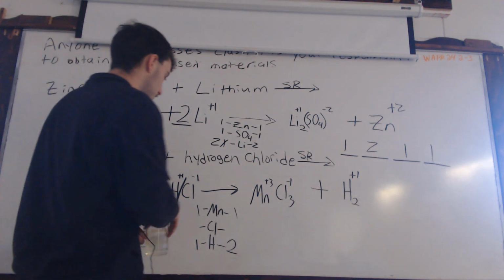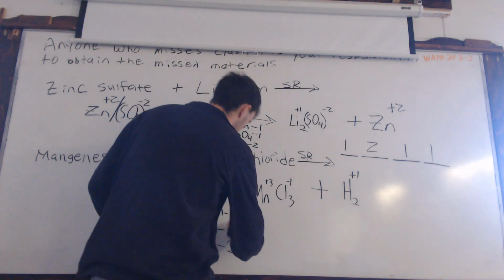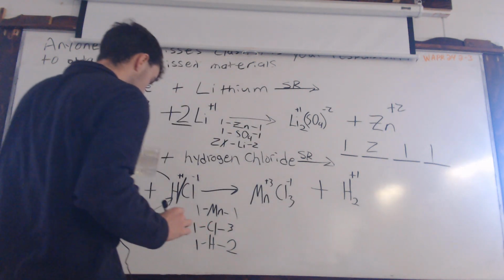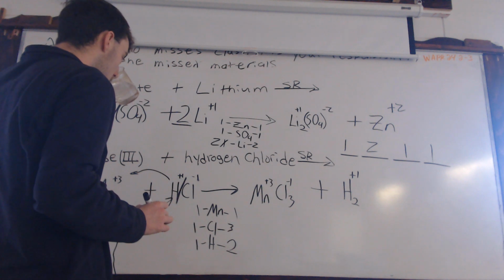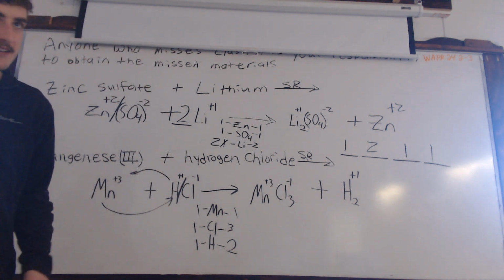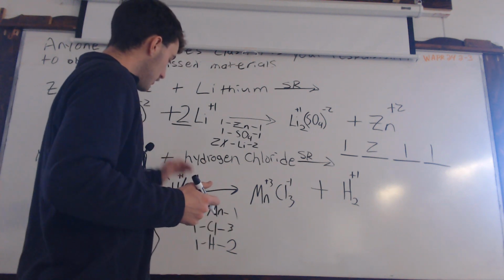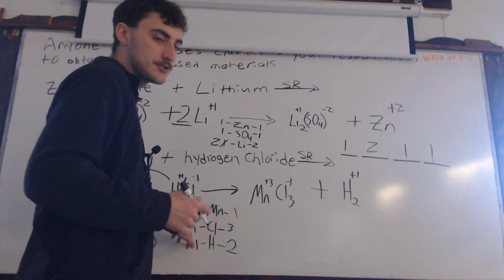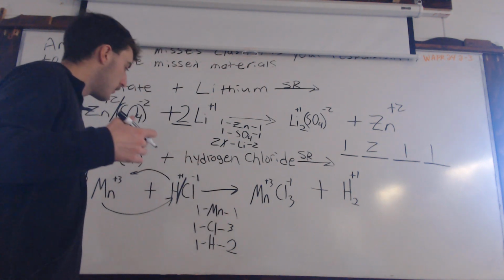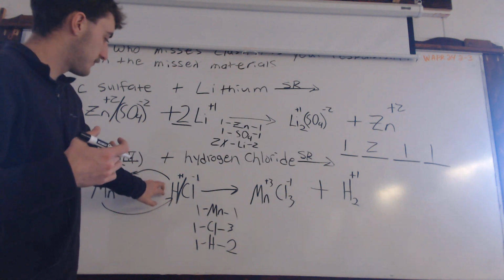On the reactant side, we have 1 chlorine. And on the product side, we have 3 chlorine. So just going down our list, manganese is equal on both sides. We're good. Chlorine and hydrogen are not. So we'll have to get them to balance.